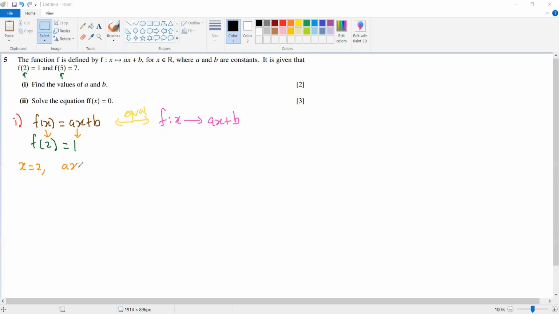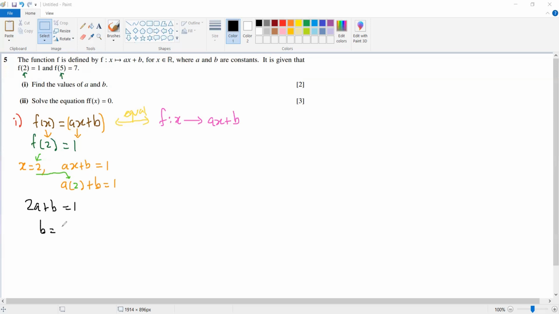The whole thing on the right-hand side is ax plus b, because the equal sign separates that, and it equals 1. But here, the x part is substituted as the 2. So x equals 2, and this is why we write it as 2a plus b equals 1.